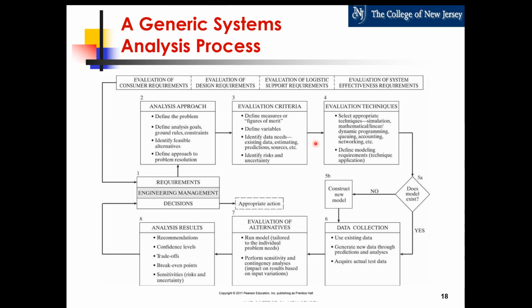So essentially, as part of your analysis, you can measure how sensitive your output is to a specific input. Mathematically, that's the partial derivative of that specific output with respect to that specific input. So you can actually quantify that analytically. And that's where you identify your evaluation techniques from a mathematical perspective.